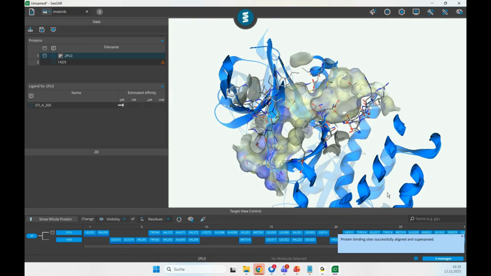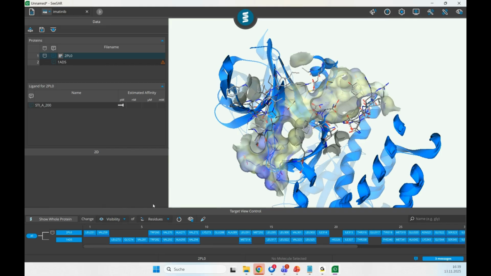Now we have a 3D alignment, as we can see also at the bottom. Now for the binding sites, similar residues are aligned, and dissimilars, or at least the ones in the same place, are also aligned as well, which can help us spot differences in the topology of the binding site.